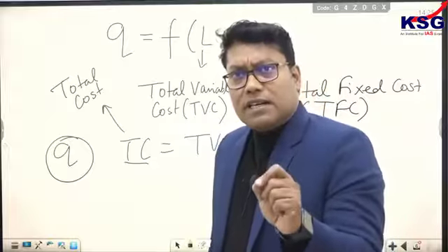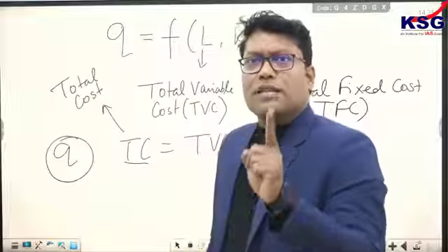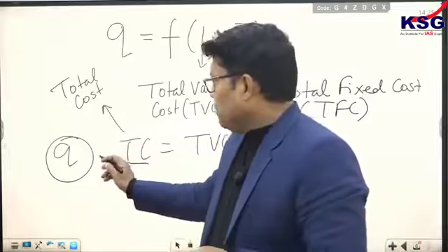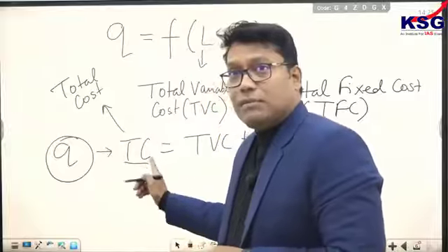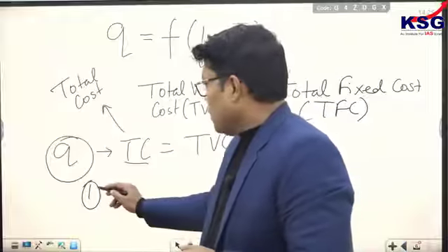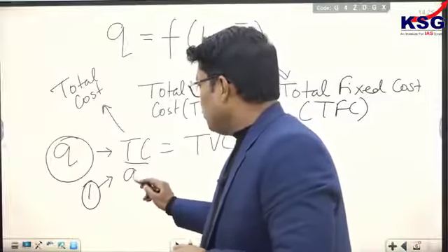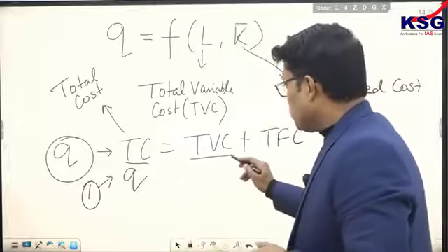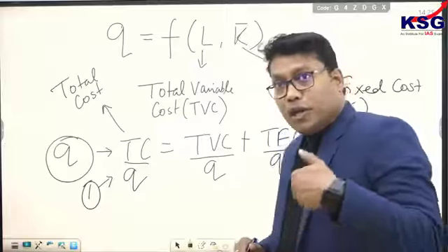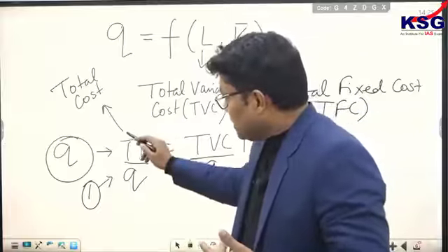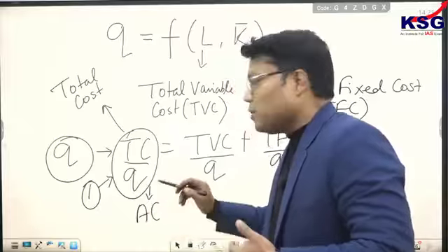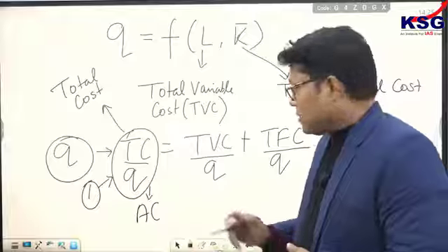If 20 bananas' price is 40 rupees, so one banana's price is what? 40 divided by 20, which is equal to 2. Same thing you take. If Q amount of output, the total cost you incur is TC, so for 1 unit of output, how much cost did you incur? For 1 unit, you have to divide by Q. So now you are getting TC upon Q, and this TC upon Q is known as AC, average cost.